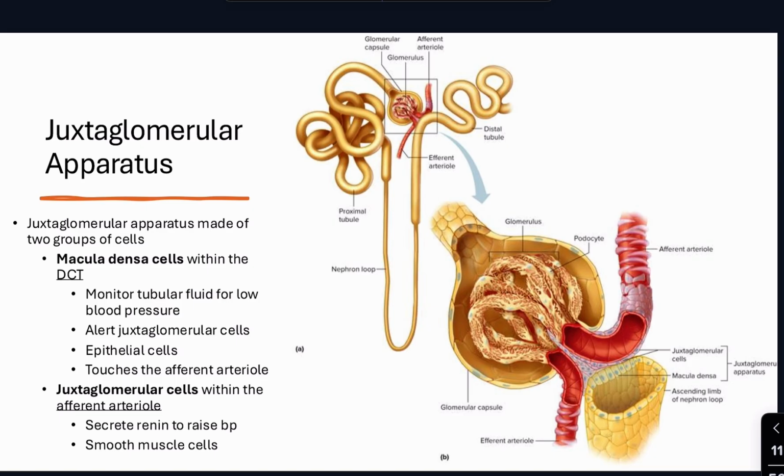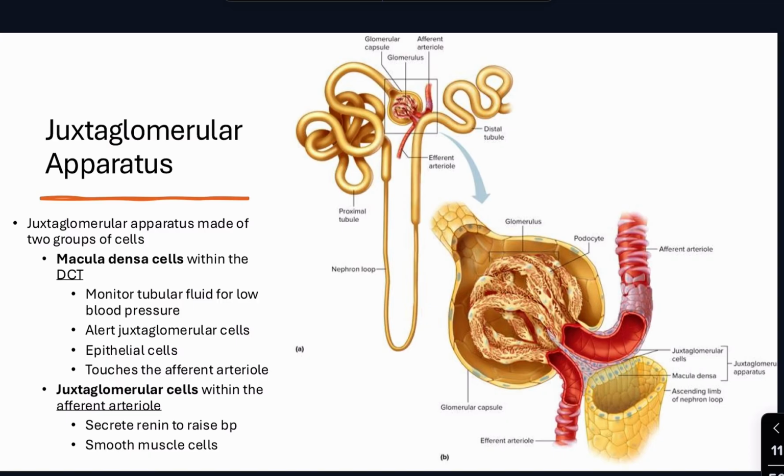It's going to help with renin secretion and smooth muscle cell contraction. I really won't get into it. It's actually quite complicated, but this is just a general idea of the purpose of the juxtaglomerular apparatus.